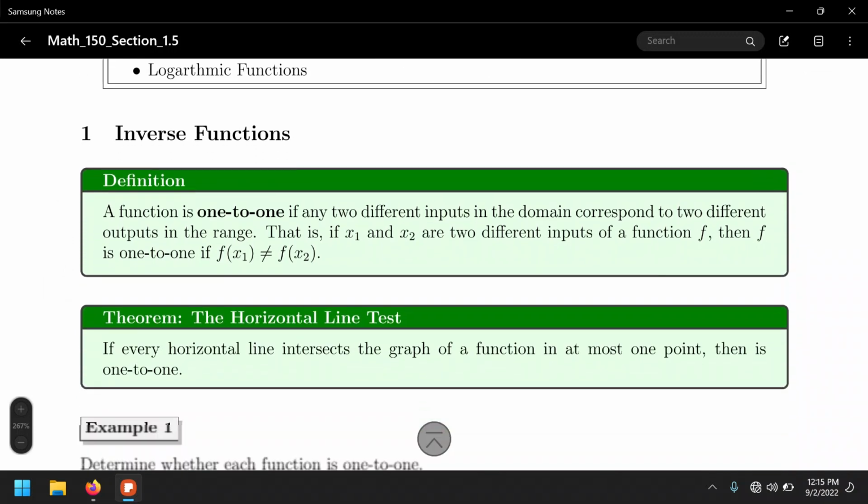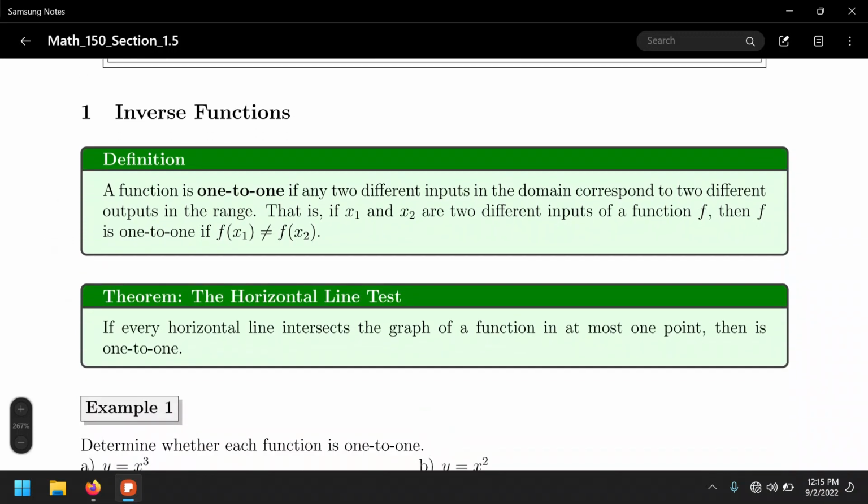Before we define what an inverse function is, we need to define what a one-to-one function is. Because the definition is that a function is invertible if it's one-to-one. That is, what do we mean by a one-to-one function? It's a function that never takes the same output for different inputs.